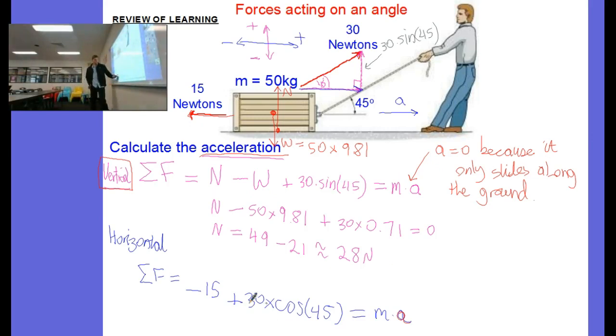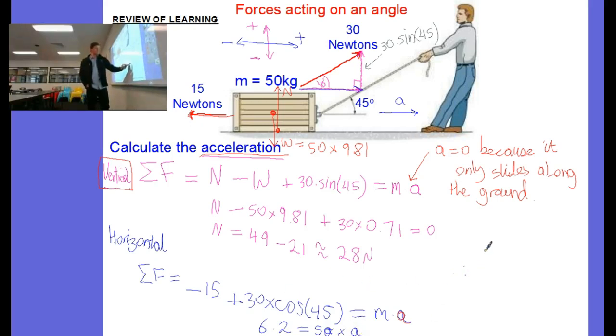Now, who could tell me what quantity you got for your net force? What did you calculate here? Mitchell. Negative 15 plus that, it's approximately 6, a little bit more, 6.2. Very good. That is equal to the mass of the object, which is 50 kilograms, times acceleration.